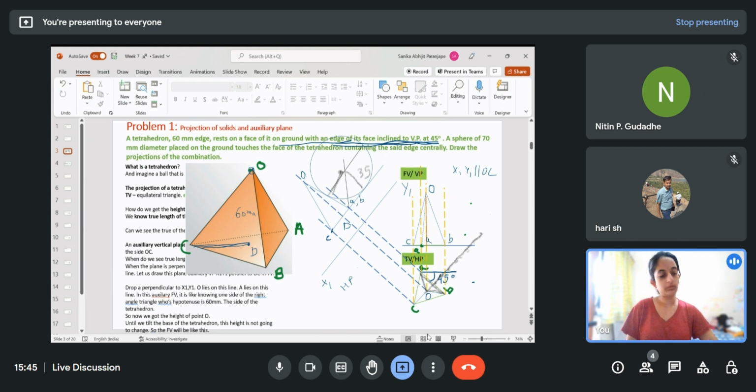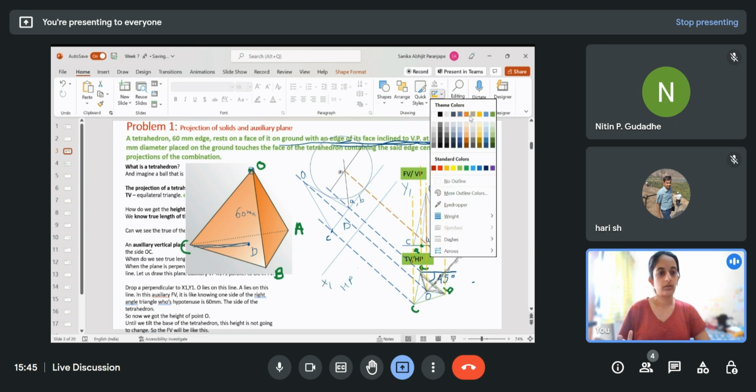So now to locate the center, I'll drop a perpendicular from this obtained location of the center of the circle. I'm going to change the color because this is now the third projection that we are drawing here. Okay, so I will keep it as green.